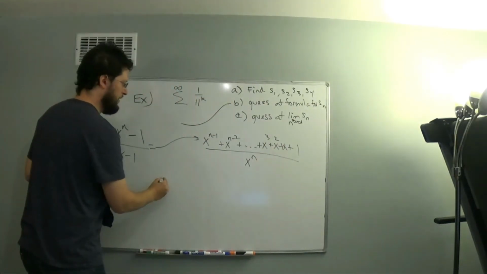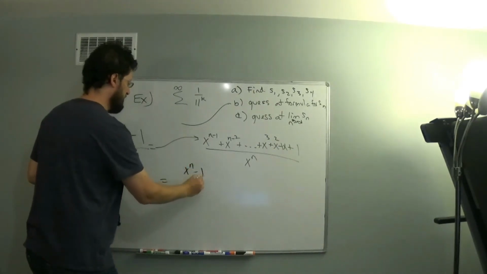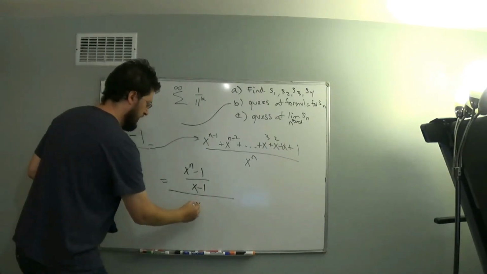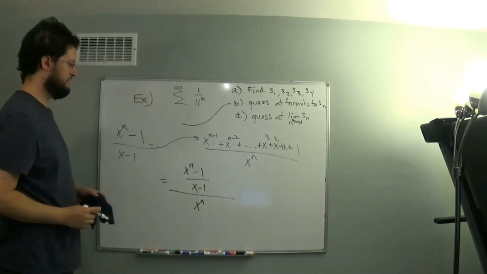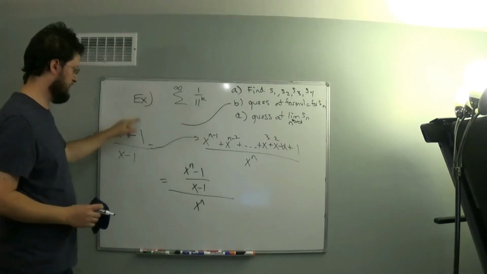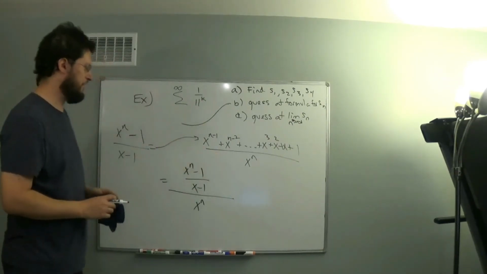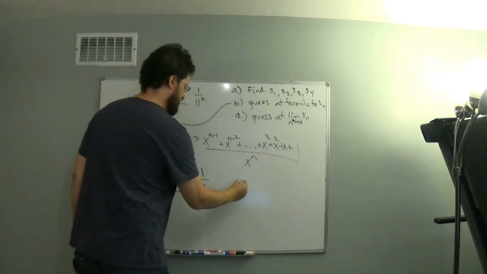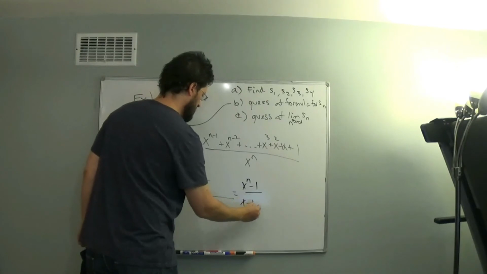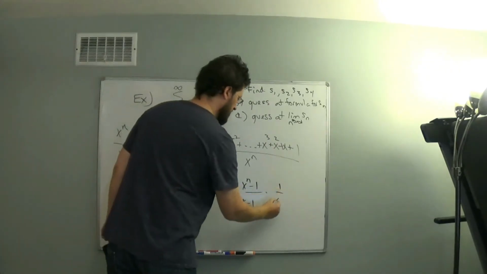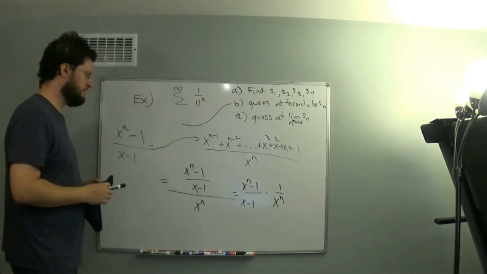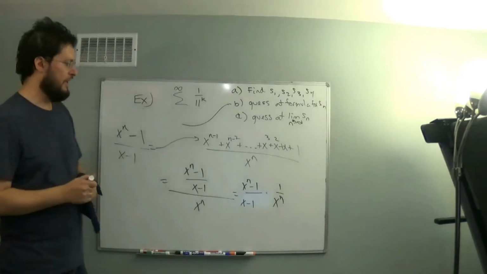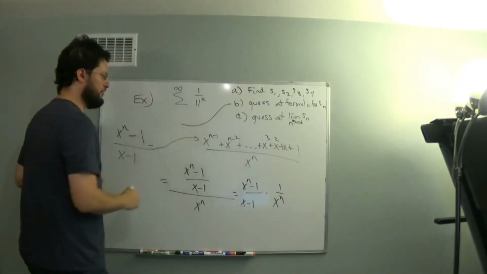which means that this formula becomes x to the n minus 1 all over x minus 1, all over x to the n. That numerator is this piece right here. The denominator hasn't changed. So that's x to the n minus 1 over x minus 1 times 1 over x to the n. And now we'll go back and remember that x was 11, and we use that to simplify the notation a little bit.